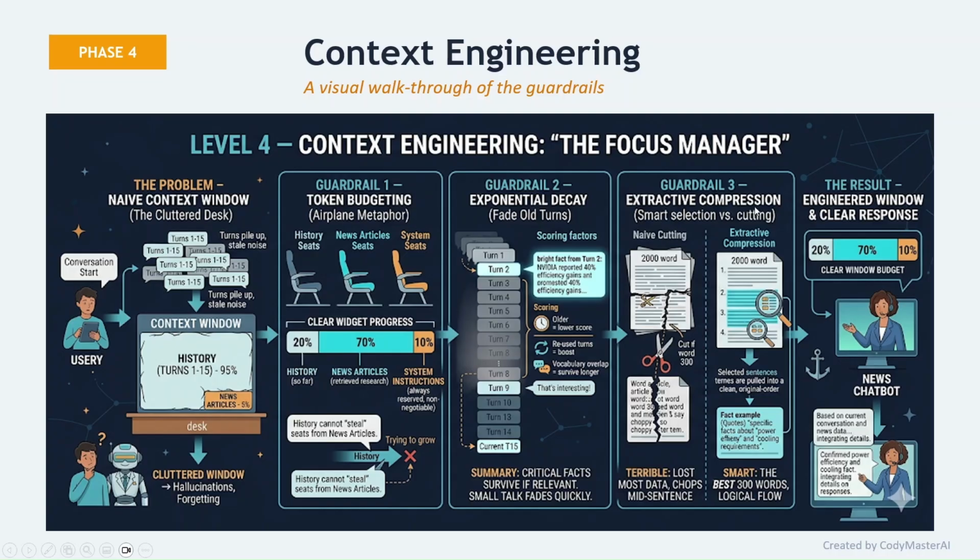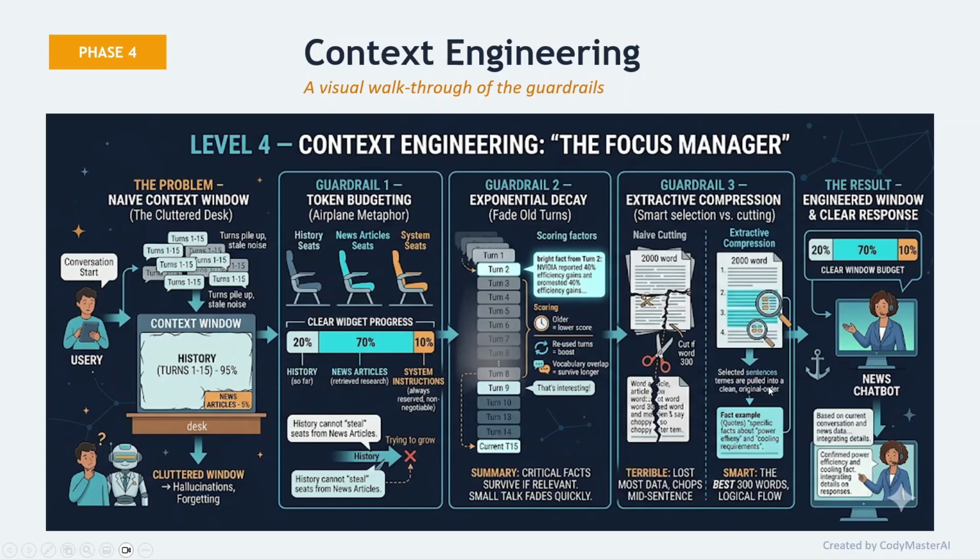Guardrail 3: Extractive compression. When a news article is 2,000 words but our remaining budget only fits 300 words, a naive system just cuts the article at word 300. This is terrible. You lose most of the article and the cut might happen in mid-sentence. Extractive compression is smarter. It follows the steps below. 1. Split the article into individual sentences. 2.